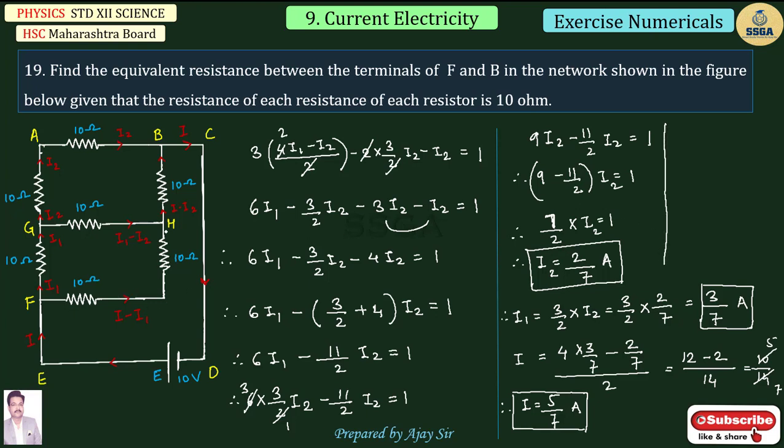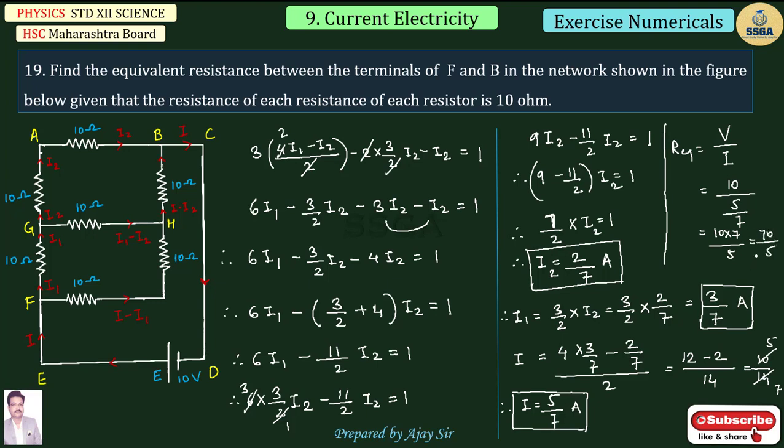So therefore equivalent resistance between this arm, that is R equivalent, is equal to V divided by I. Here V, that is potential drop, we consider that is 10, and current is 5 by 7, then this 7 will go up. 10 into 7 by 5, this is equal to 70 by 5.